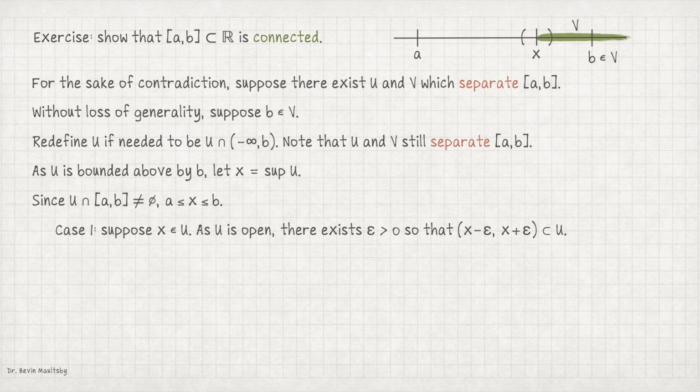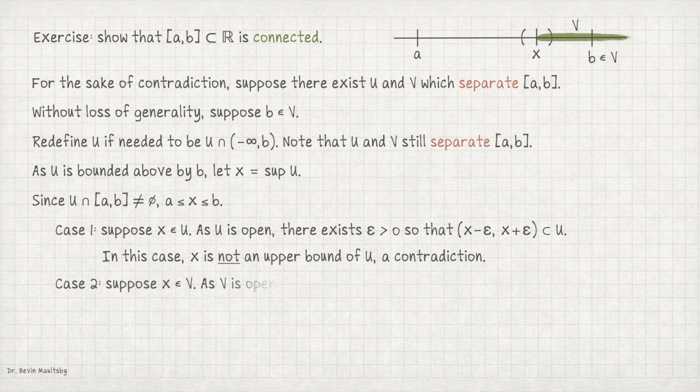If this epsilon neighborhood around X was a subset of U, what's wrong with our picture? Well, what's wrong with the picture is that the right side of the interval is in U, suggesting that the right half of the interval can't also be covered by V, and also X is to the left of elements in U, so it's not an upper bound of U. This allows us to rule out the first case. It cannot be that X is in U.